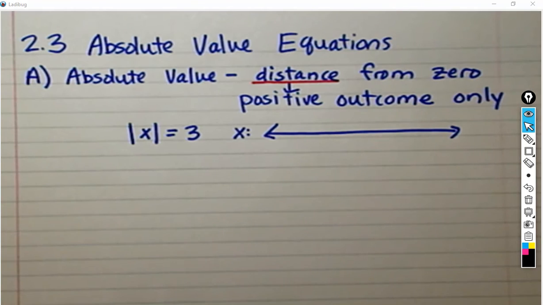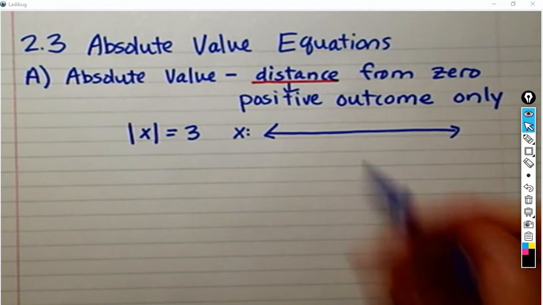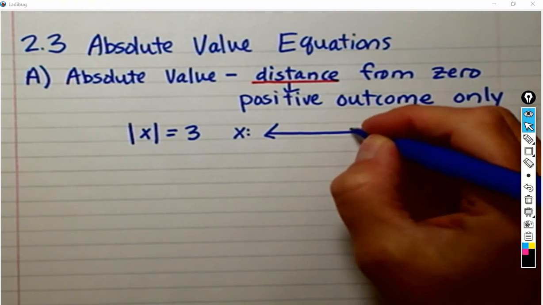When we're graphing and you have x's and y's, we draw the x and the y number line, which is what gives you a two-dimensional graph. If you only have x, it's just one number line. That's it, just x.